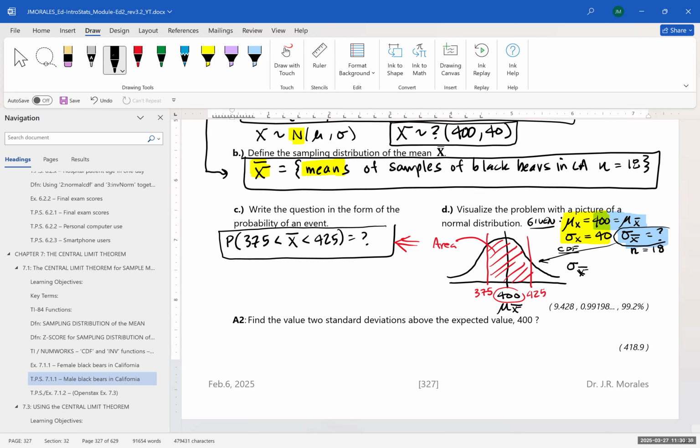The standard deviation for the sampling distribution of the mean, so the standard deviation of this curve, is equal to the standard deviation of our population divided by the square root of our sample size. And so the standard deviation of the population came out to 40, and we're going to divide that by the square root of 18.